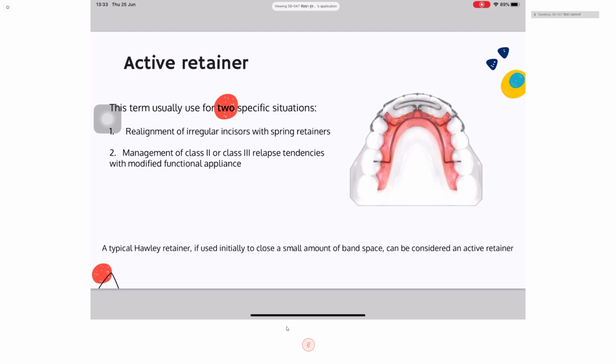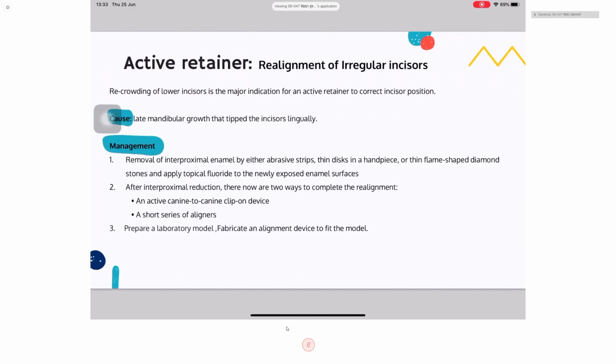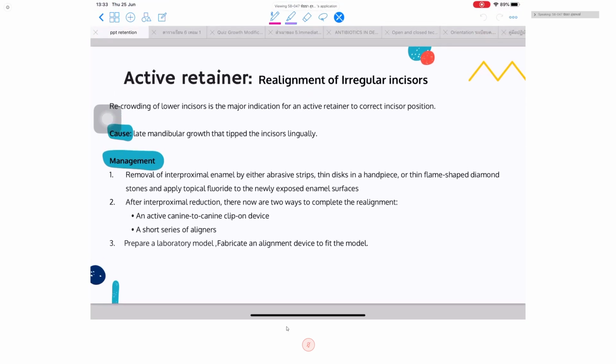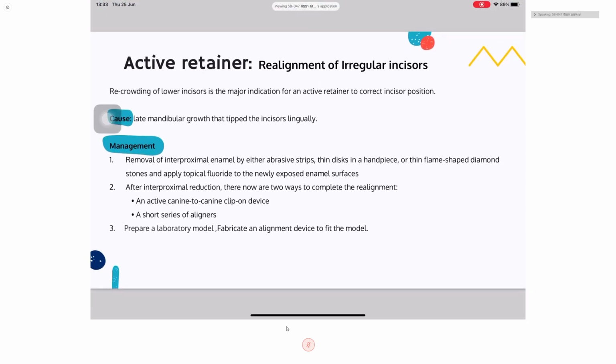A typical Hawley retainer, if used initially to close a small amount of band space, can be considered an active retainer. Like the last case, enamel reduction should not be over-reduction. Normally, if you want 2 mm of space gain, reducing each incisor 0.25 mm per side is enough to realign these teeth.